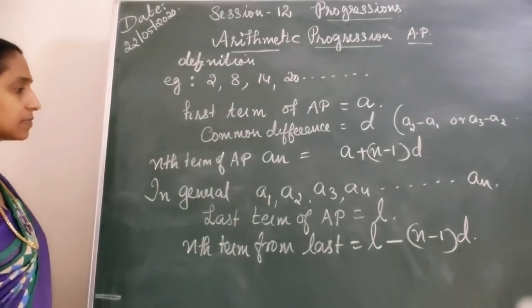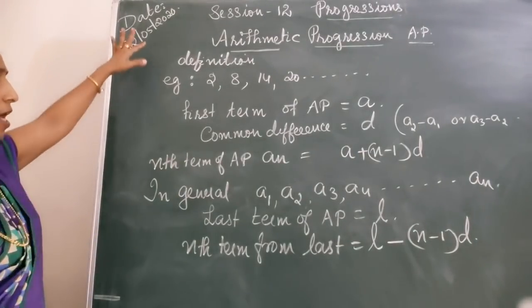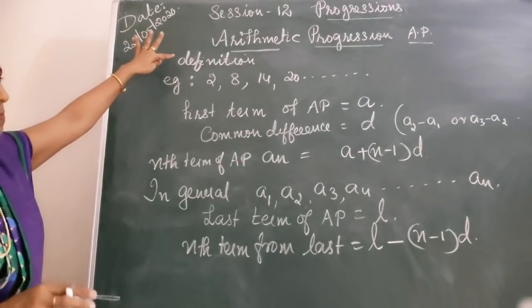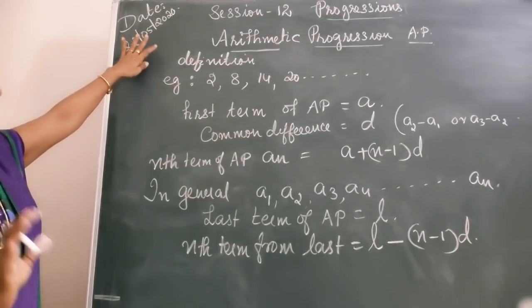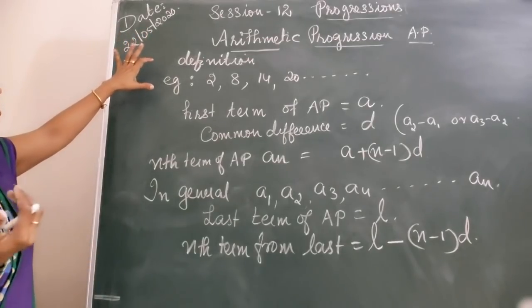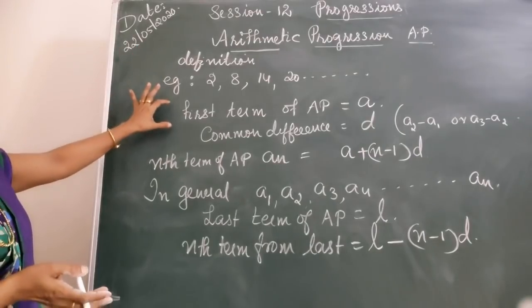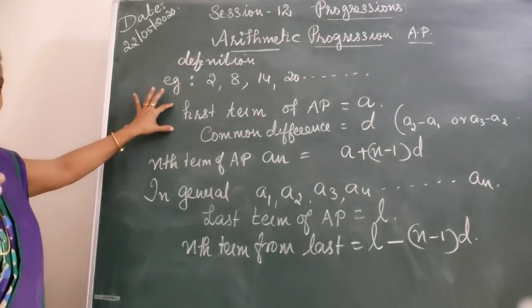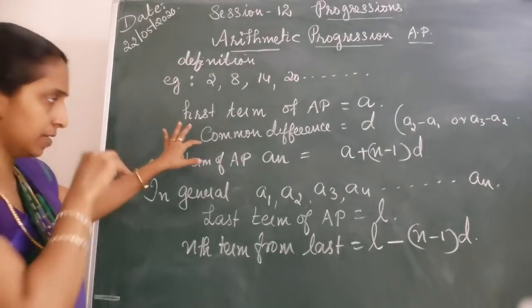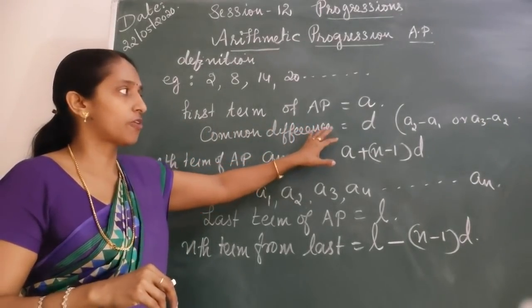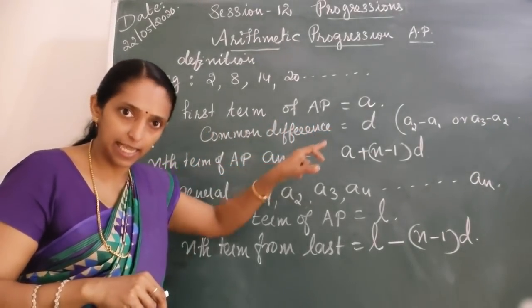Okay? So write down up to here. First you have to write the definition of an AP, an arithmetic progression, and you can write 1 or 2 examples. Then the first term of an AP is denoted by the letter a. The common difference of an AP is denoted by the letter d.